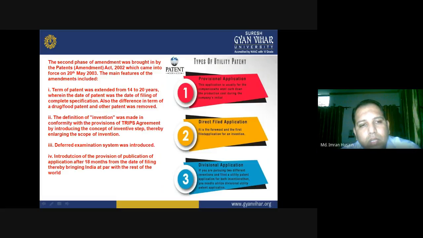So the main thing is that the term of patent was extended from 14 to 20 years, right? Earlier it was a very short duration of time, and the time period was extended from 14 to 20 years, right?